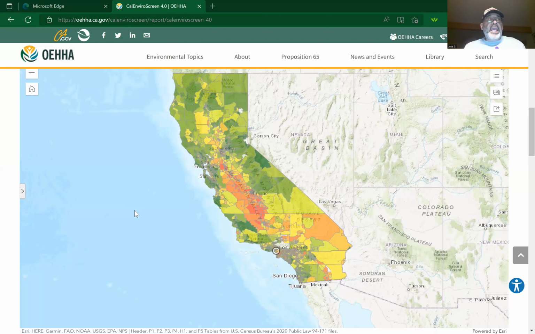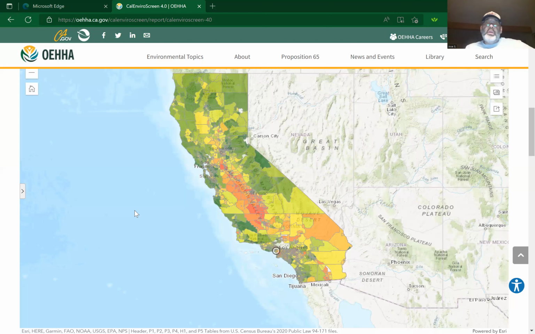If the community had poor drinking water, that would put its points up. If the community had lead in their houses, that would bring their points up. Diesel particulate emissions, which are the most cancerous of particulate emissions, I believe, would bring their points up. And so all those things are put into a pot and added up, and that's how you get the scores.